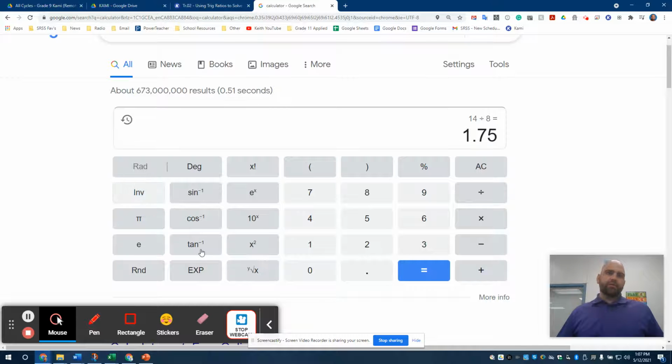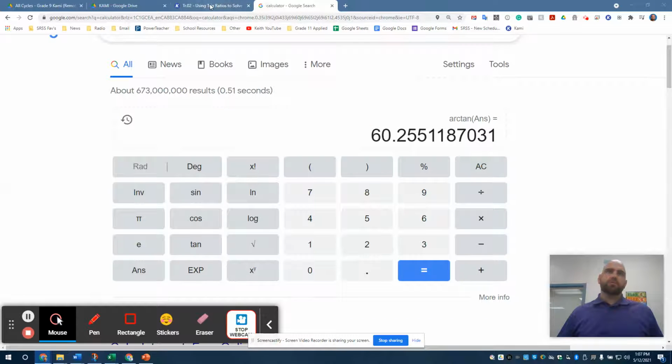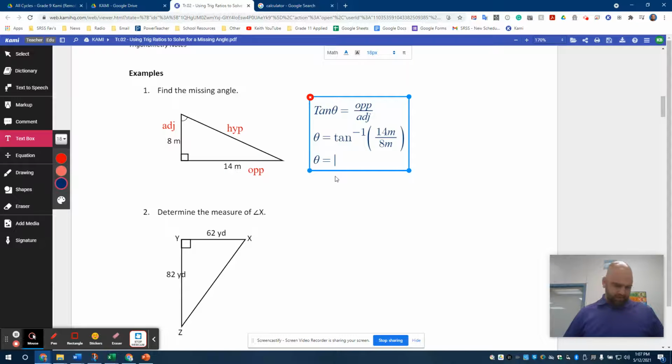And now we're going to do inverse tan of the answer. On some of your calculators, you'll be able to do inverse tan and it'll automatically pop up. Now we do inverse tan, and we come up with our answer of 60.26 degrees. So our angle is 60.26 degrees, and we could also just round that to 60 degrees, and that would be our final answer.